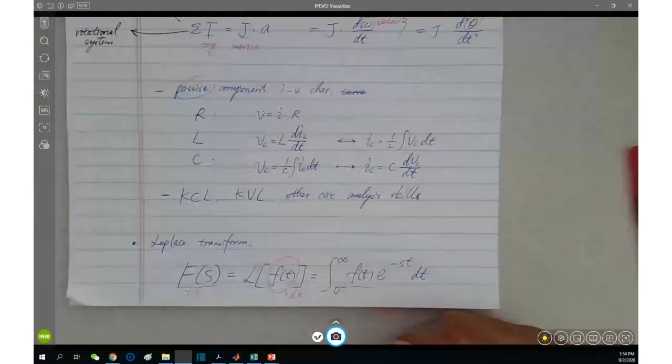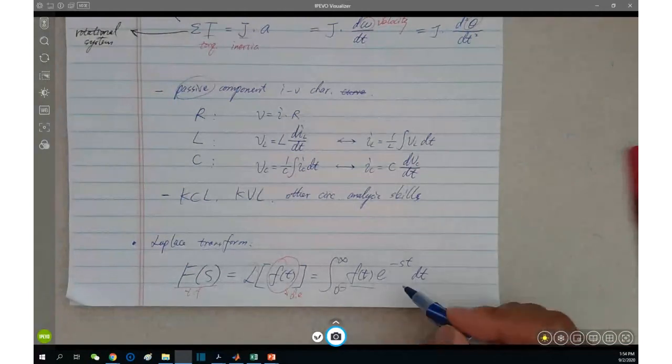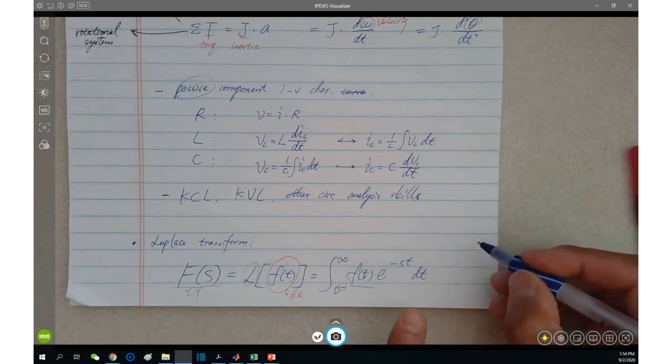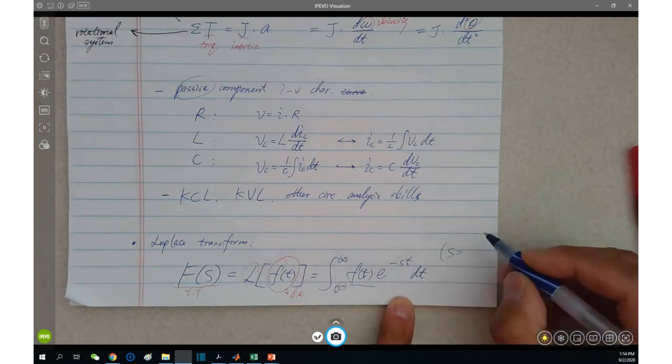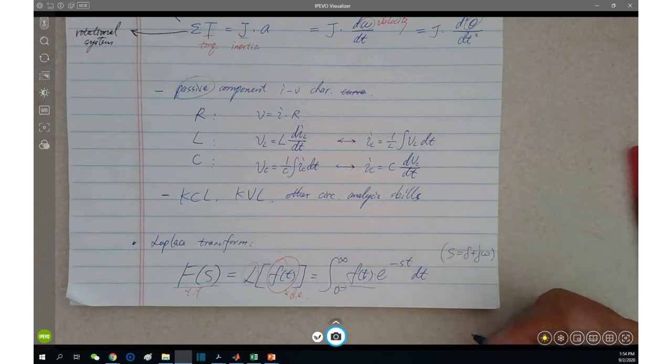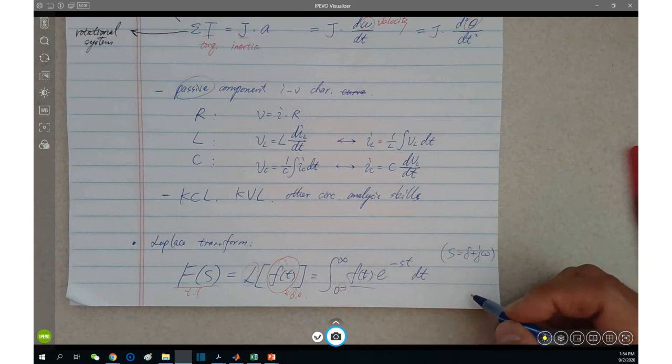It's the integral of the function of t times the exponential function e to the negative s times t. And of course, s here is a complex variable. Maybe you will see it in the future.